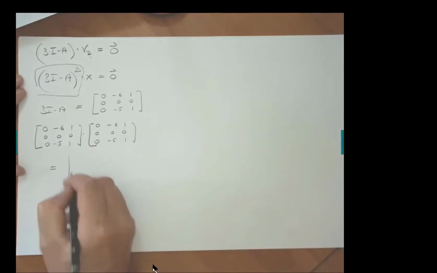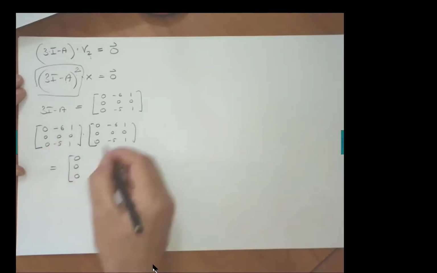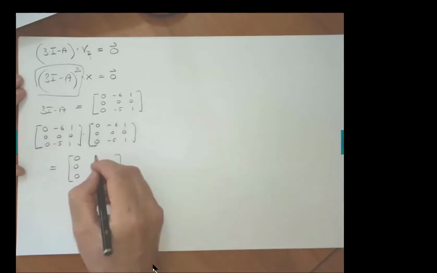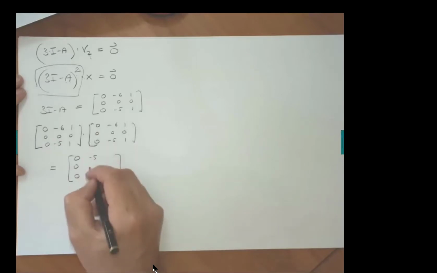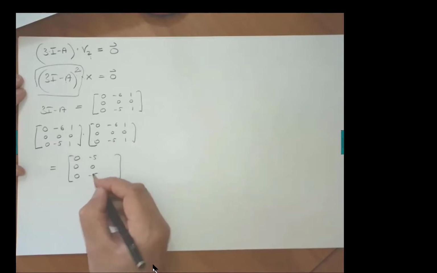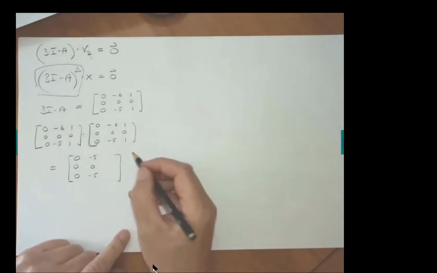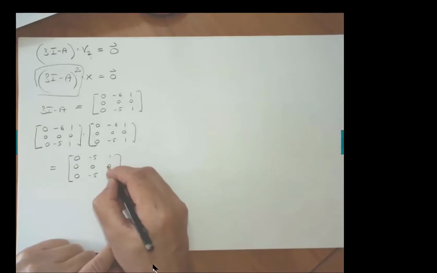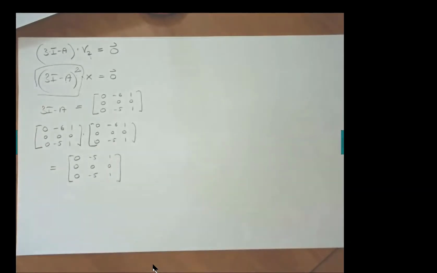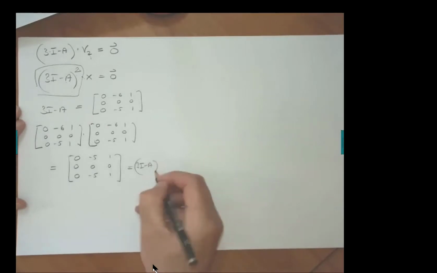And let's see that we don't make any mistake. The first column is clearly 0. Then minus 6, negative 5, 0, minus 6, negative 5. And then 1, 1 means we add first and last column, 1, 0, 1. Okay, so this is our 3I minus A squared.